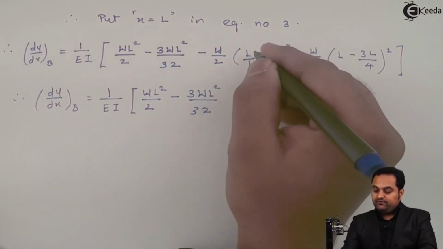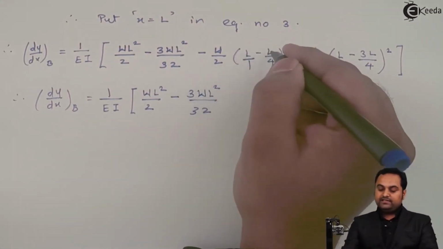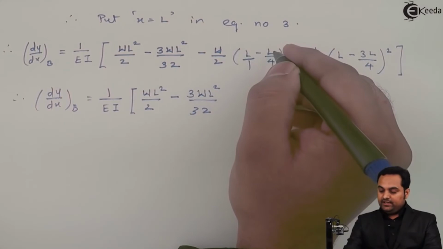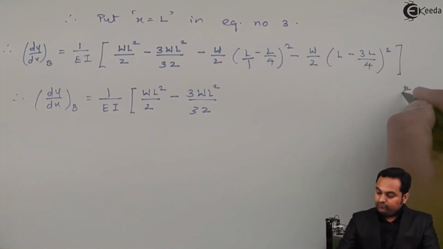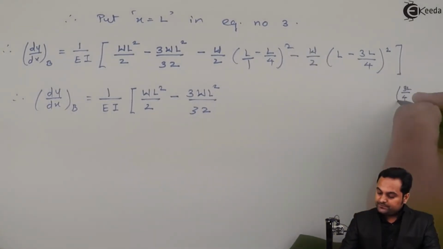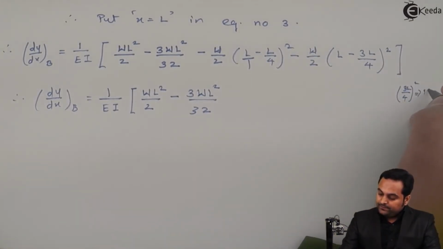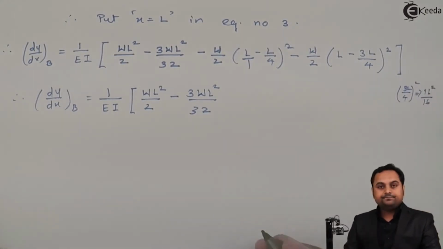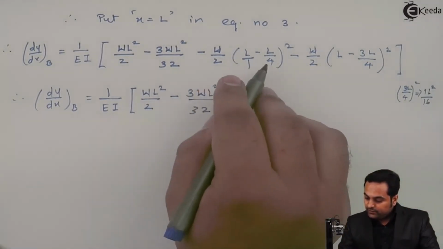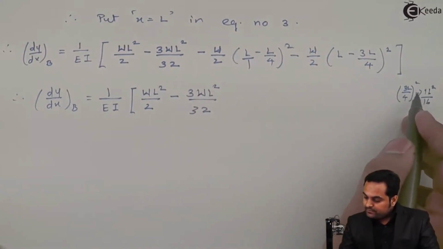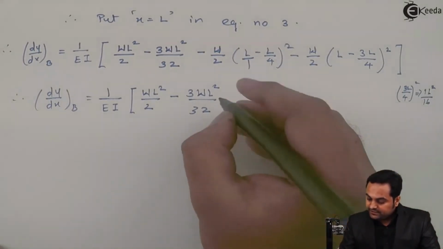Now if I simplify this bracket, here we have 4L minus L, which is 3L by 4. So 3L by 4 square it is. So that becomes 9L square by 16. So here we have 9L square by 16.